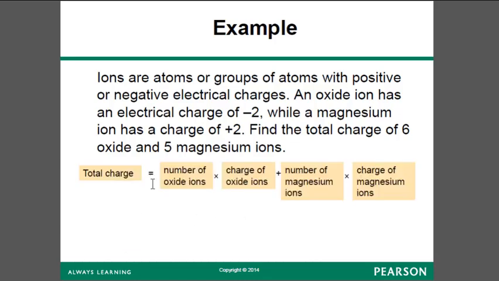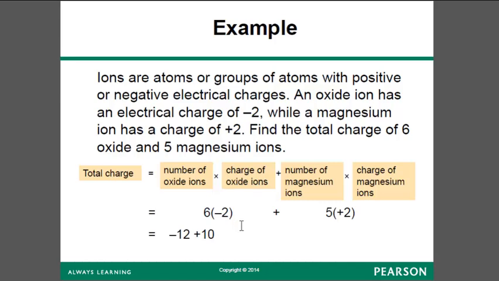My total charge is equal to my number of oxide ions times their charge of the oxide ions plus the number of magnesium ions times the charge of the magnesium ions. I have 6 oxide ions and their charge is negative 2. Plus I have 5 magnesium ions and their charge is positive 2.